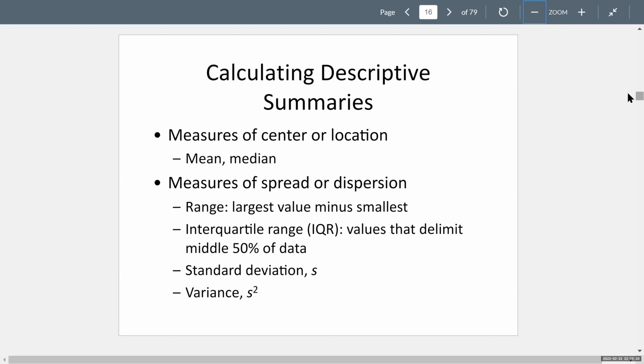Inter-quartile range and standard deviation are two of these, but there's also two more. We can just say, how big a difference is there between my largest and smallest values? That's called the range. Standard deviation, we're going to use a character to denote it. We're going to use little s for standard deviation.